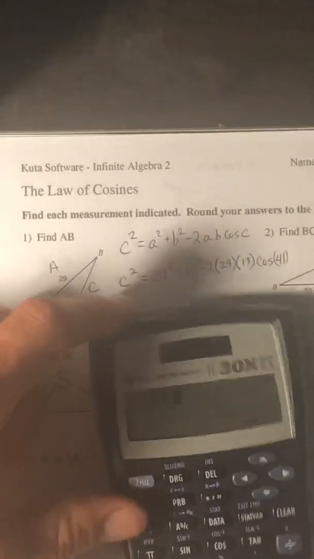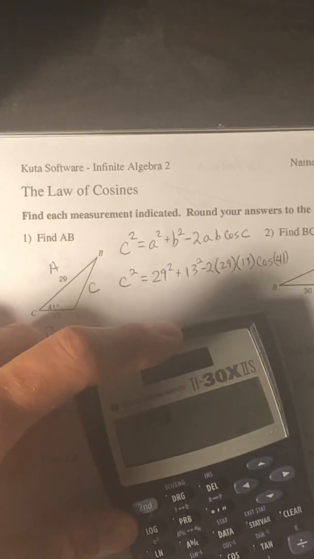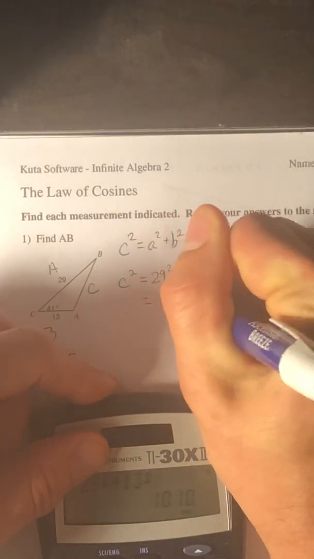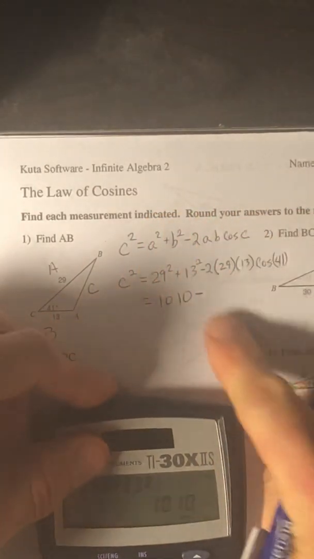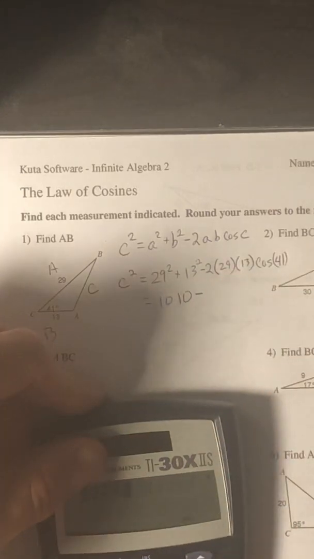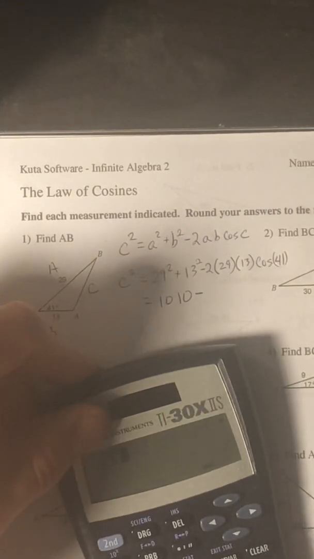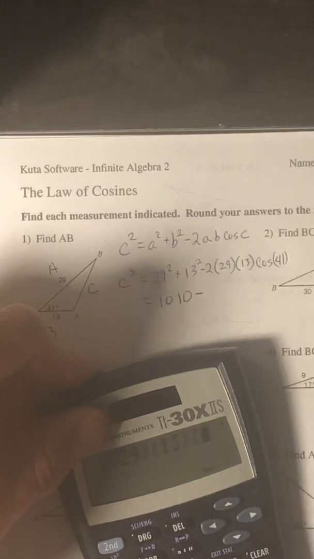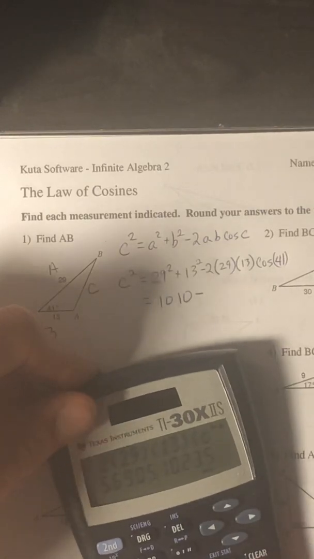29 squared plus 13 squared. I'm just going to go ahead and get these two right here, and then I'm going to get this part right here. So 2 times 29 times 13 times cosine of 41.